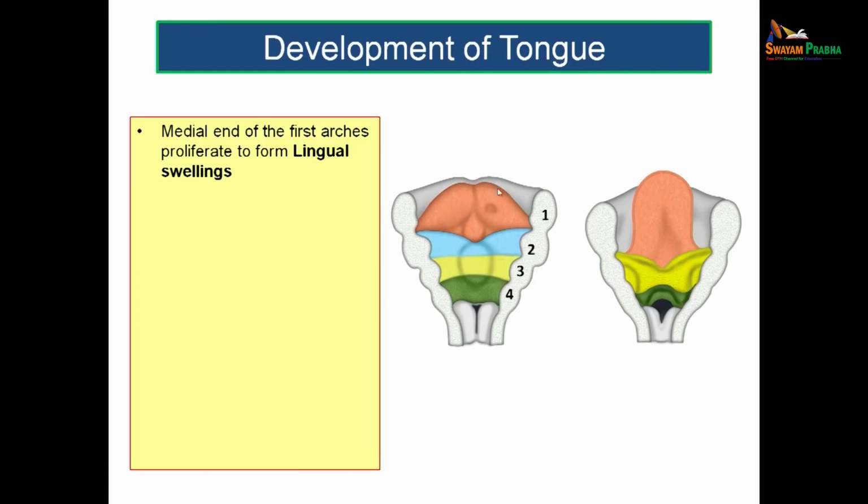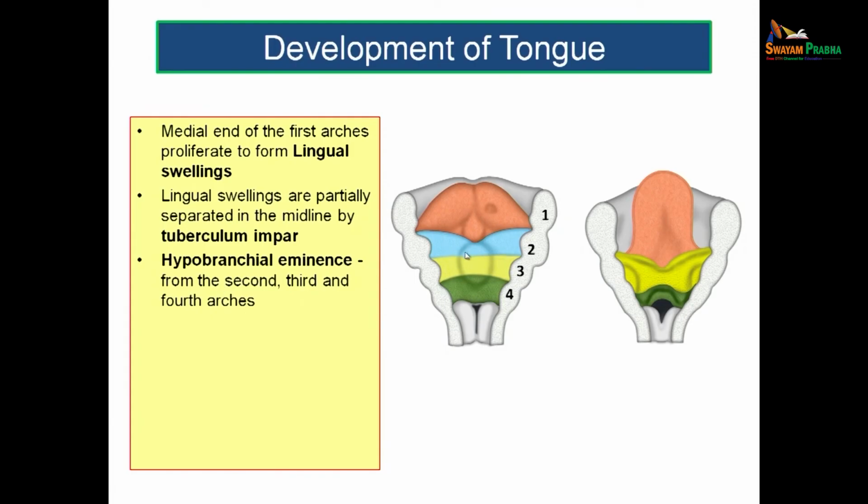The medial end of the first arch proliferates to form two swellings, known as lingual swellings. Lingual swellings are separated in the midline. They are not allowed to fuse completely. They are separated in the midline by another swelling, known as the tuberculum impar.